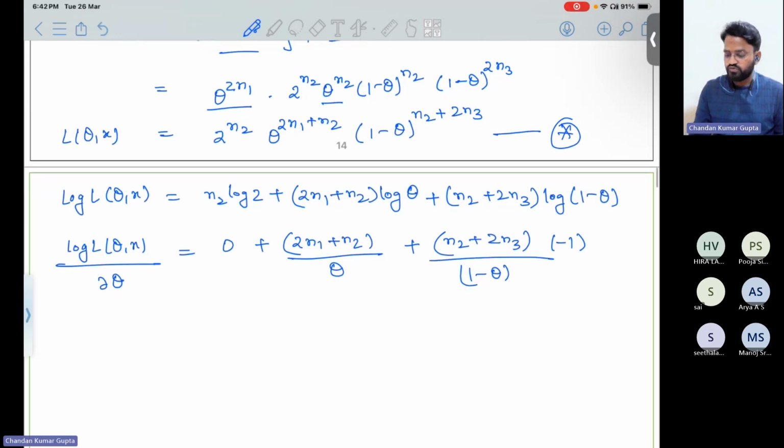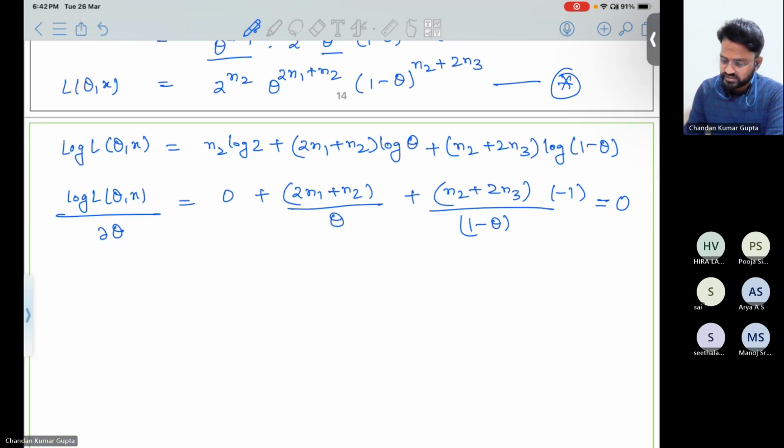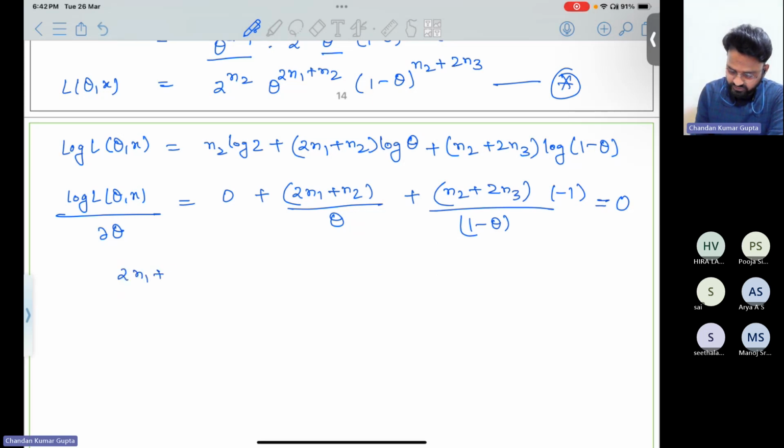Okay, now we will equate it to 0. Because it is minus here, we can write it like this: (2n1 plus n2) upon theta equal to (n2 plus 2n3) upon 1 minus theta.